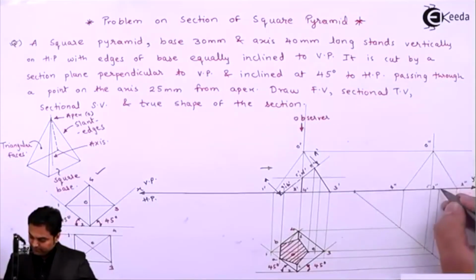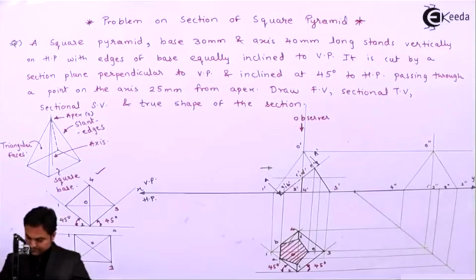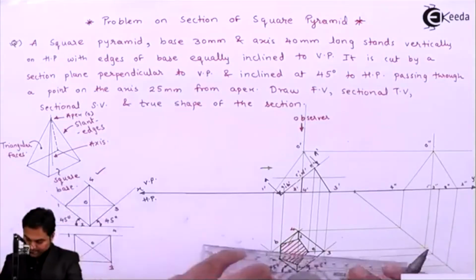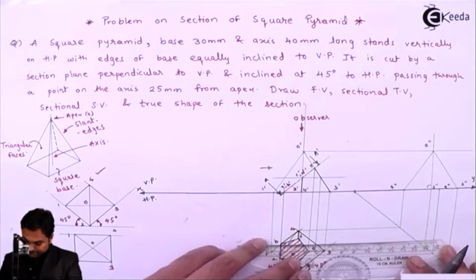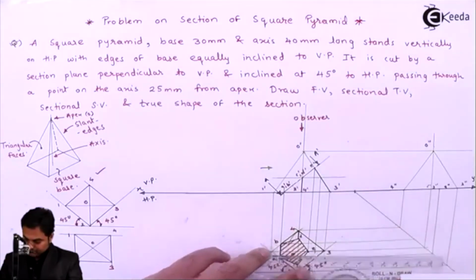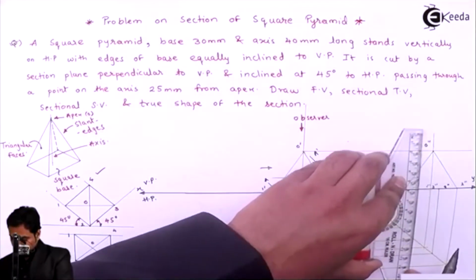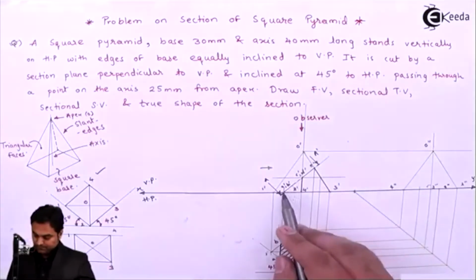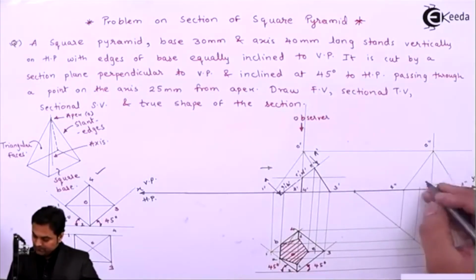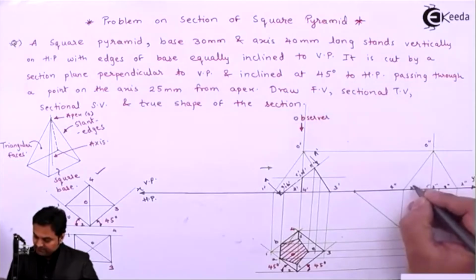This will give me the point A double dash, then point B, and here point B is on XY line, so this is giving me B double dash.